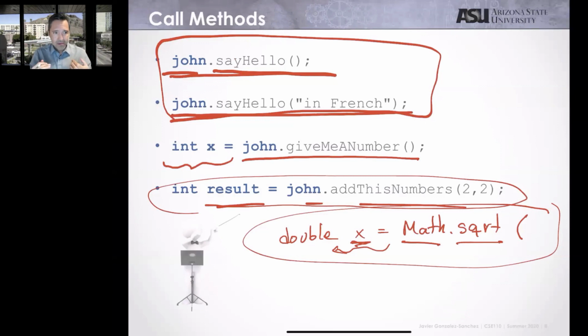Think about it: you call the method, it is going to do something, but you want that method to give you something when the invocation, the calling of the method, finishes, like this Math.sqrt.